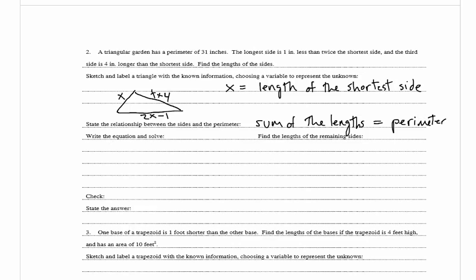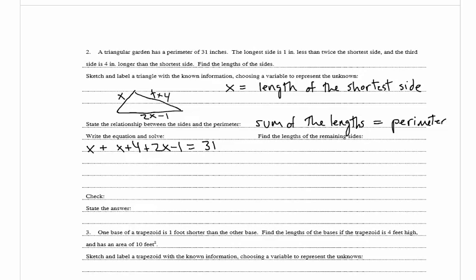And now it wants us to write the equation and solve. So we had the given information that the perimeter was equal to 31 inches. So if we add all three of our lengths and set it equal to 31, we can solve for x. So we have x plus 4 plus 2x minus 1 is equal to 31.